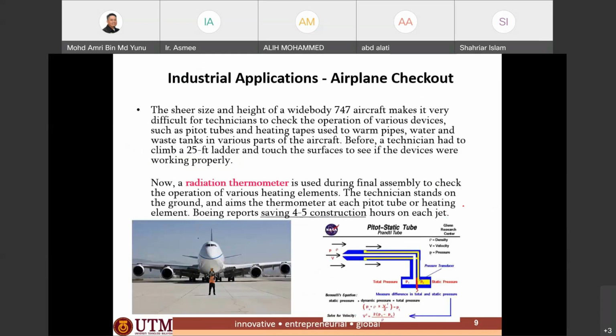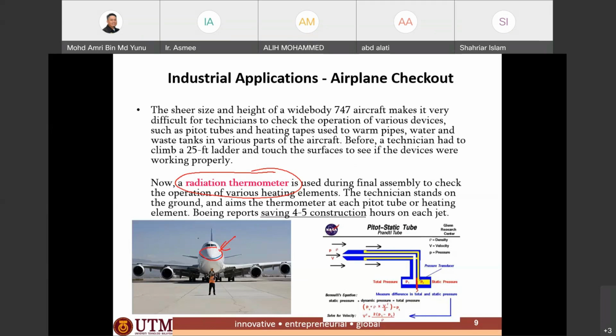And the application of thermal measurement non-contact, this is another device which is used in industry for avionic inspection. In this case, a radiation thermometer is used to check the status of a pitot tube on an aircraft. So basically, an aircraft has what is called the pitot tube. The pitot tube is normally installed somewhere in the front part of the airplane.